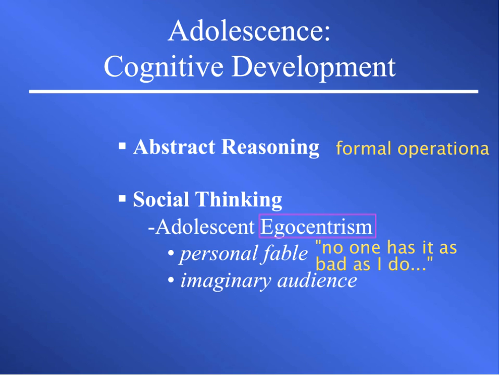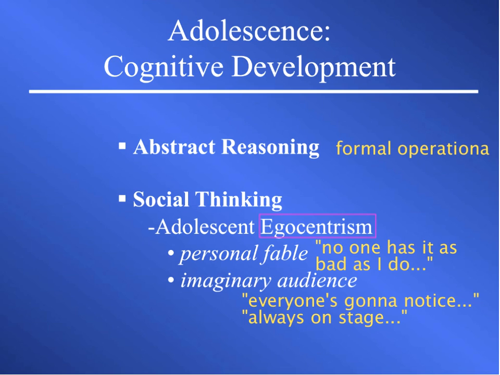Everyone is going to notice. Or I'm always on stage, right? I'm really concerned about the perceptions of me by other people. Everybody is paying lots of attention to what I'm doing, what I'm wearing, what I'm saying, so I need to be really worried about all those things. There's an egocentrism, obviously, to that way of thinking, okay?